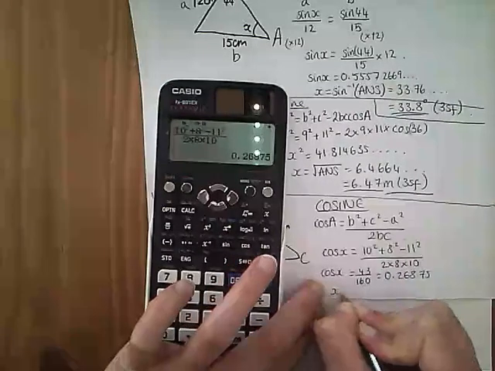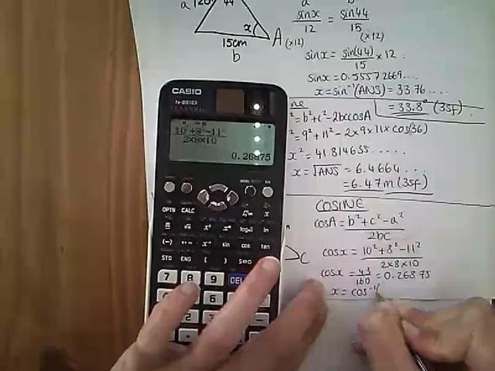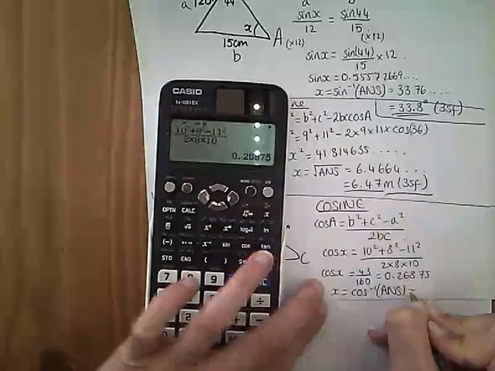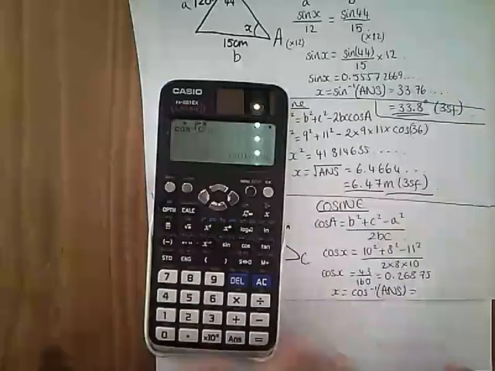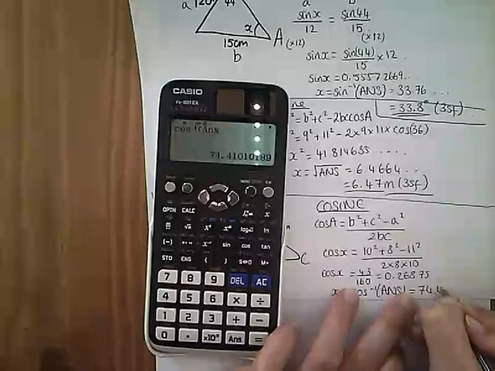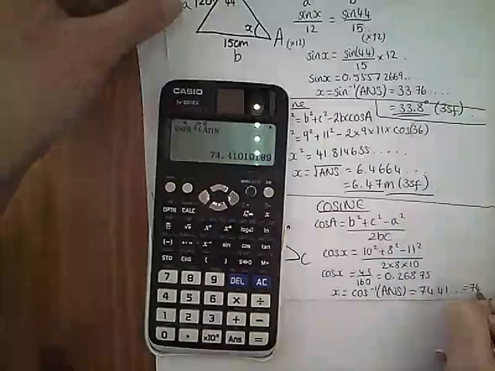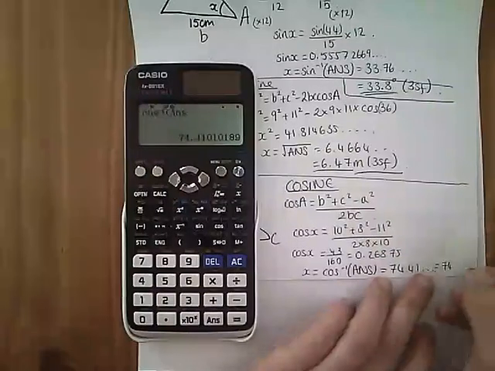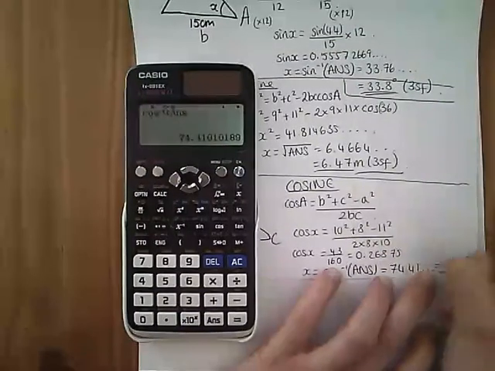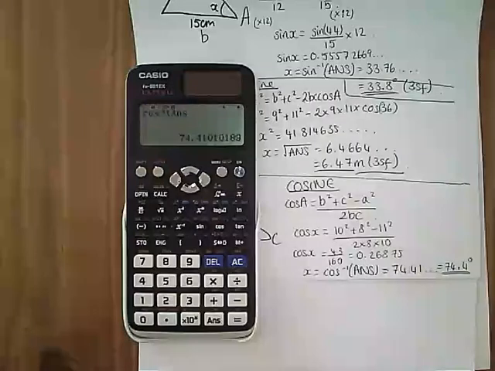We want x on its own, remember? So we do cos to the minus 1 of the answer, which is 74.41. Can everyone still see? So it's 74.4 degrees. Okay? Enjoy.